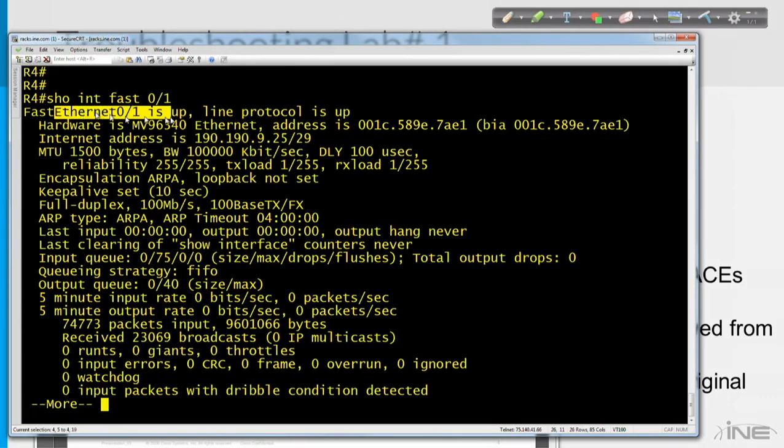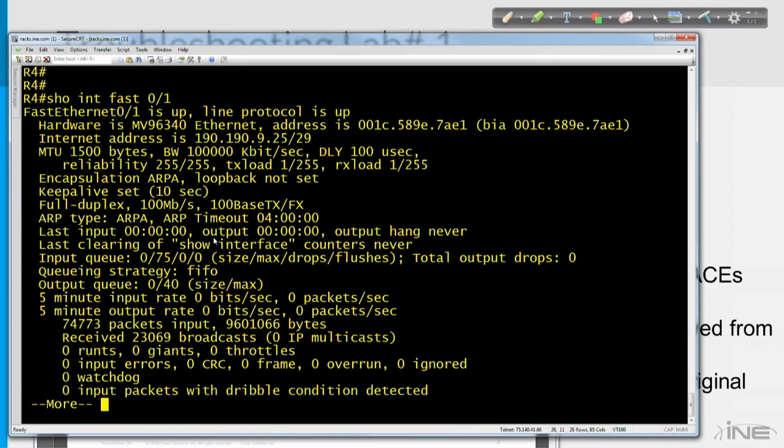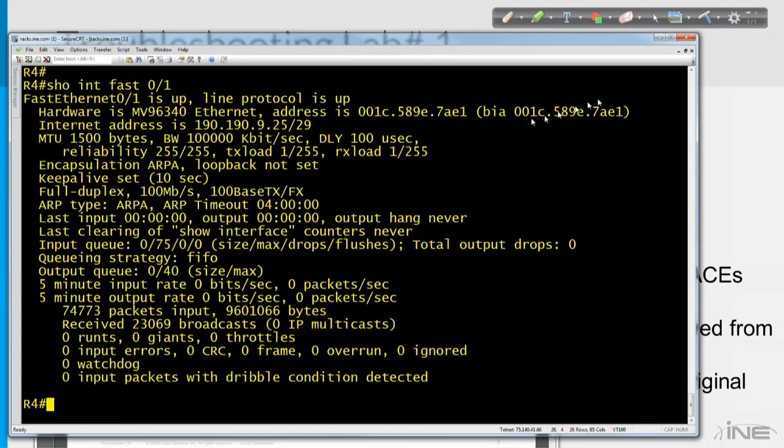It says it's up, line protocol is up. Looks good. We've got full duplex, 100 megabits per second. From a layer 2 perspective, there's really not much else we can check on router 4.